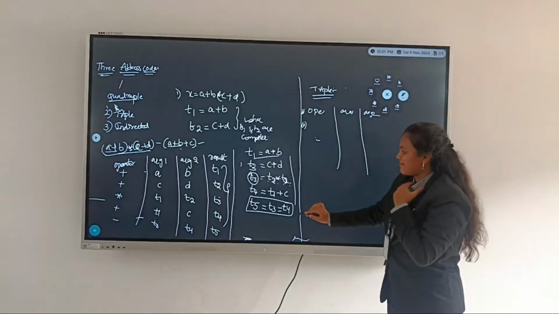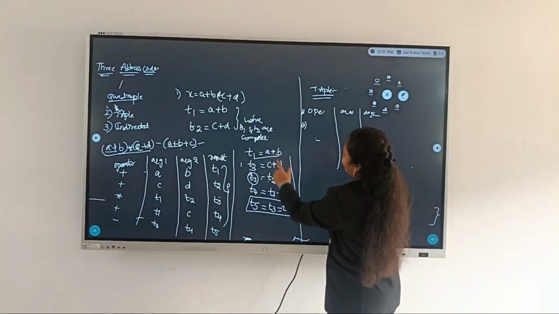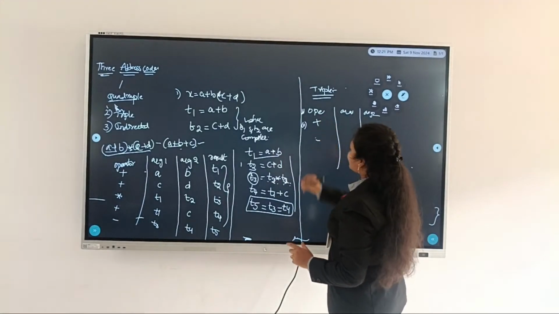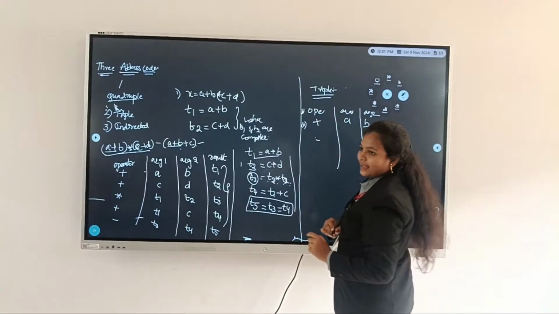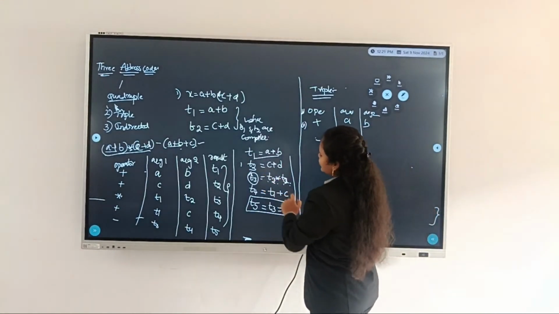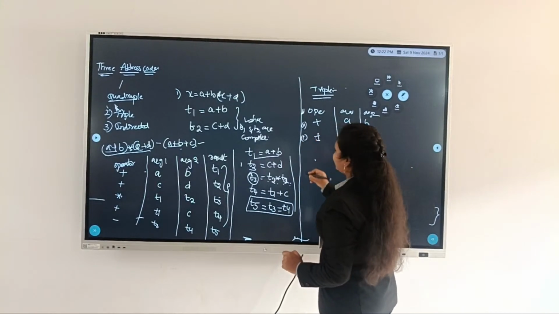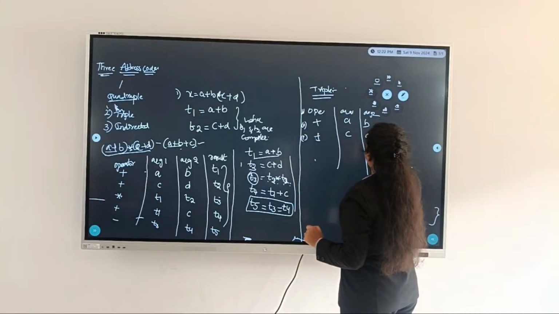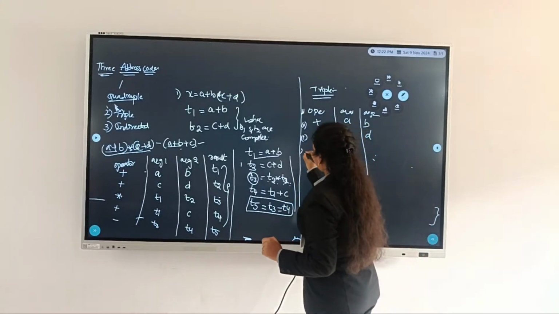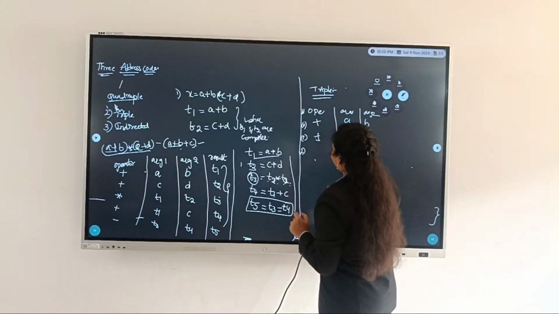Based on these temporary blocks, we have to separate the symbol table. First, the operation is plus, argument 1 will be A and argument 2 will be B. Coming to address 1, operation is plus, argument 1 will be C, argument 2 will be D. Coming to address 2, T2 into T3.